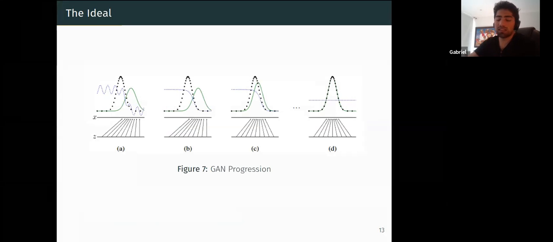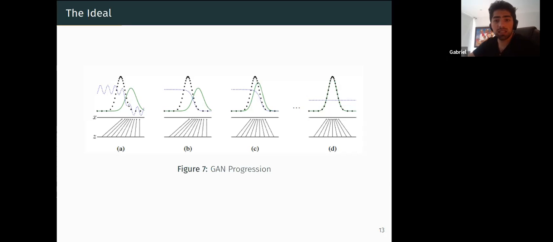Ideally, this is what we're working with. Let's say we have our original distribution, which here is represented by the black dots, the generated distribution, which is represented by the green line, and the discriminator, which is represented by the blue dotted line.